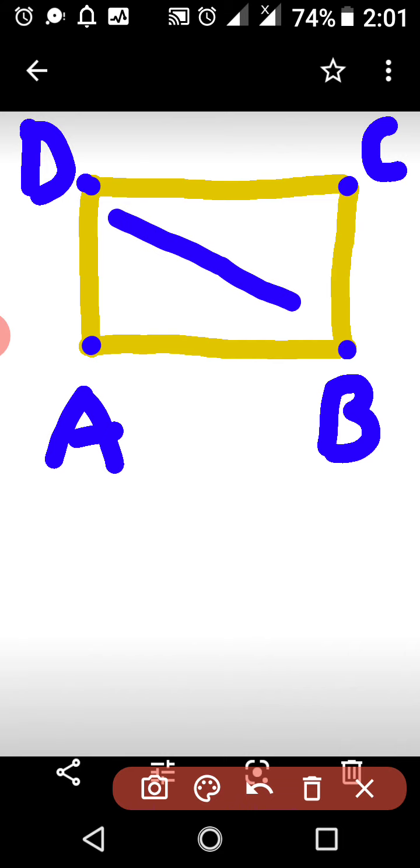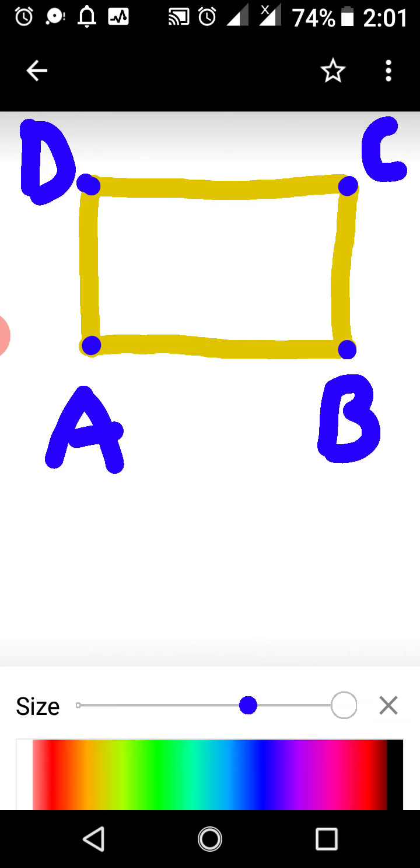How can we form sides? By joining the adjacent vertices. But here the opposite vertices are not joined in this figure. AB is joined, B and C are also joined, C and D are also joined, D and A are also joined. A and C are not joined, B and D are also not joined. So a line segment which joins the opposite vertices of a polygon is called its diagonal.